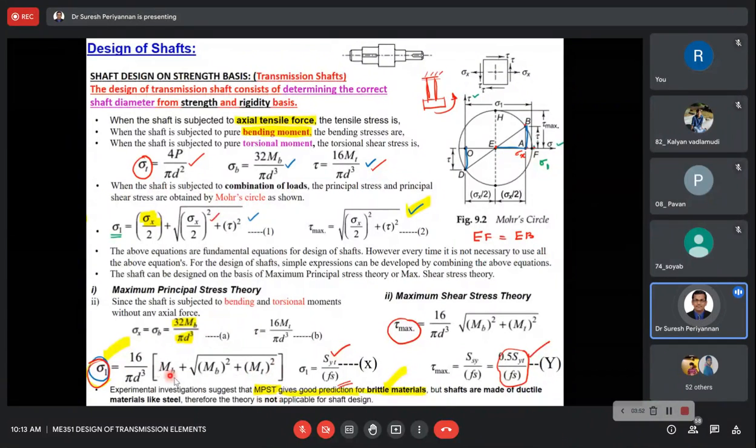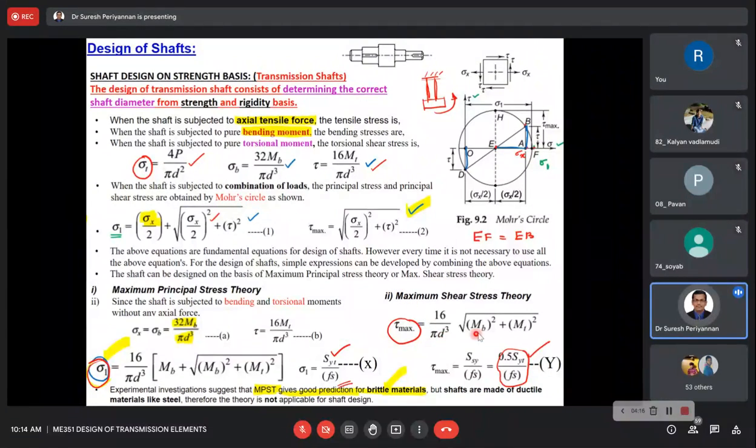This is our maximum principal stress theory. This maximum principal stress theory, MPST, is only valid for brittle material. People have done a lot of experiments and observed that this equation is suitable for brittle material.